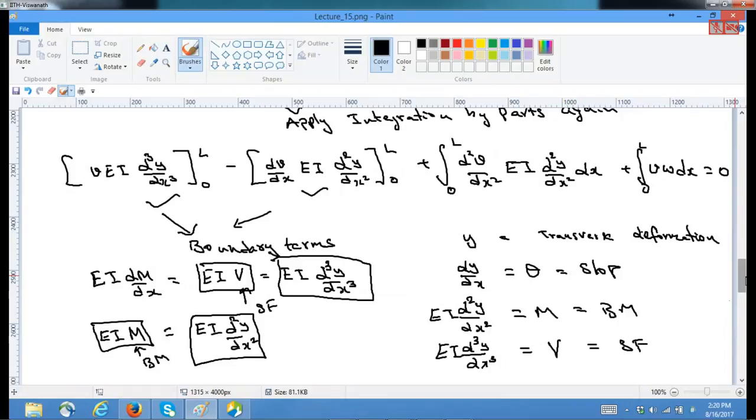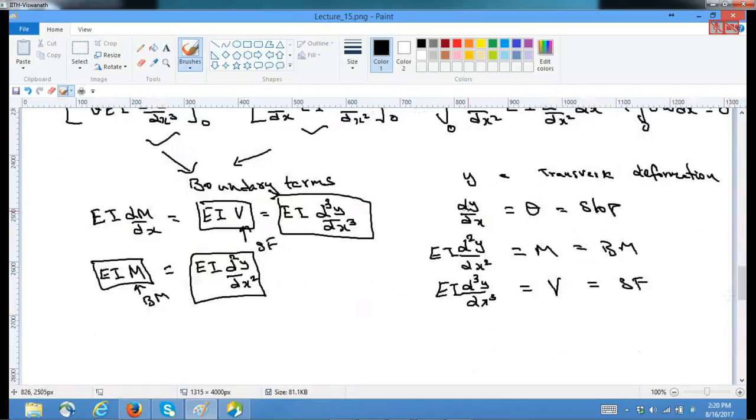So either you can mention a displacement or slope or a bending moment or the shear force for a given beam. Since this is a fourth order differential equation, if you mention y or dy by dx, these are called kinematic boundary conditions.